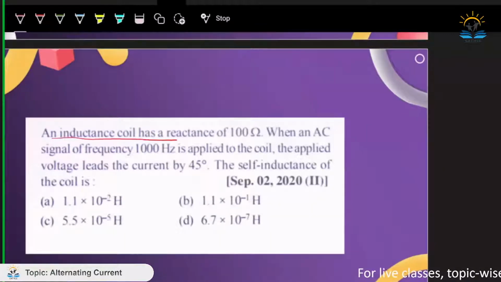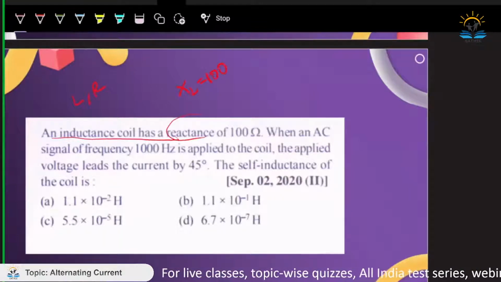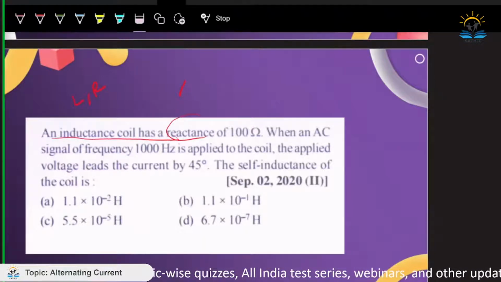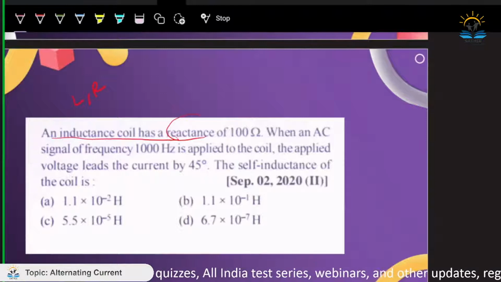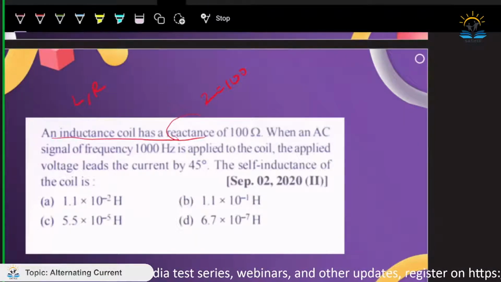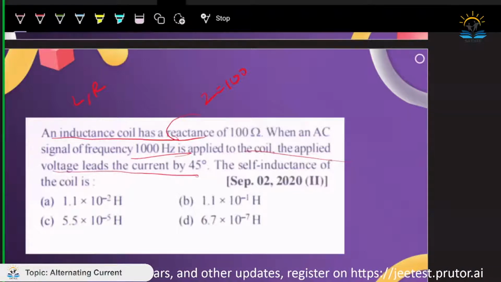Inductance coil means the coil will have both L and R. Not XL, but Z, the combination, the root of XL square plus R square. Z is given as 100 total. When an AC signal of frequency 1000 is applied across the coil, the applied voltage leads the current by 45 degrees. The self inductance of the coil is?